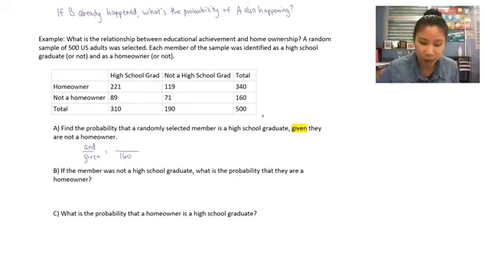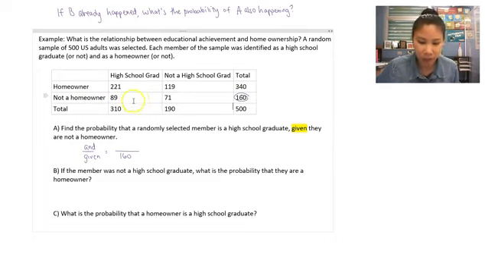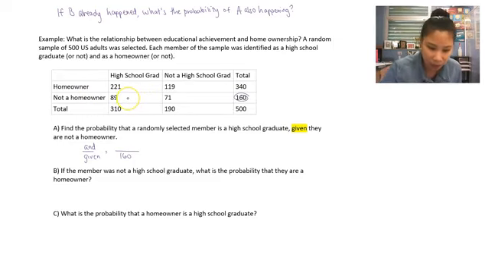So they have to be not a homeowner and a high school graduate. So out of those 160 people, in that row of not homeowners, the people who are high school graduates, there's 89 of them. And that would be my probability, 89 over 160.